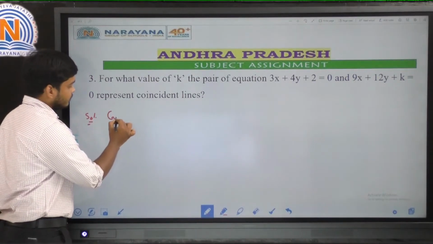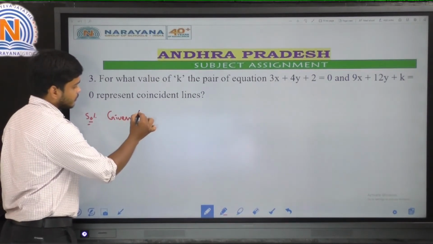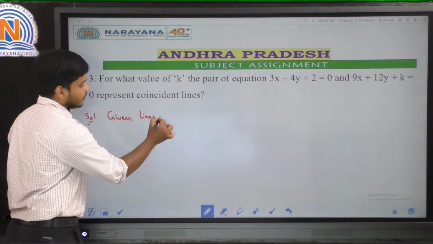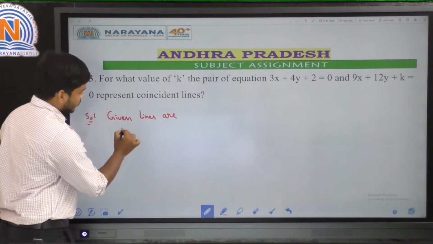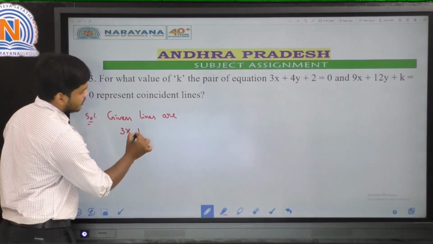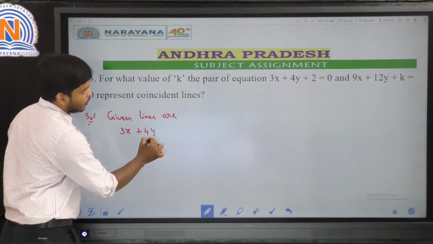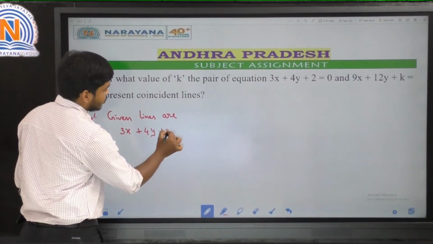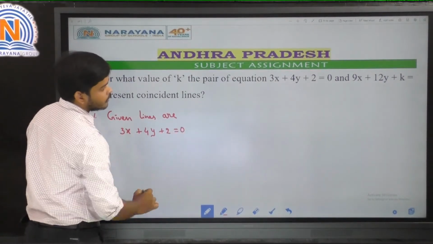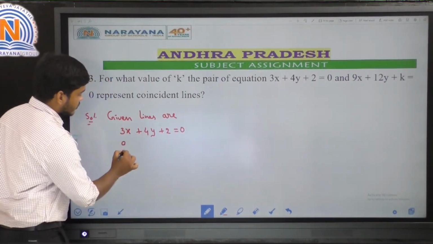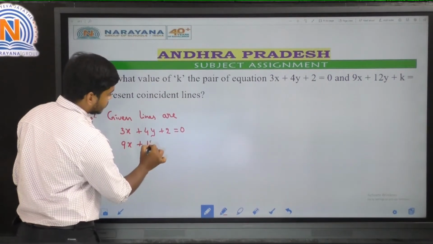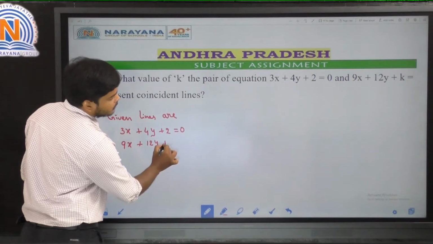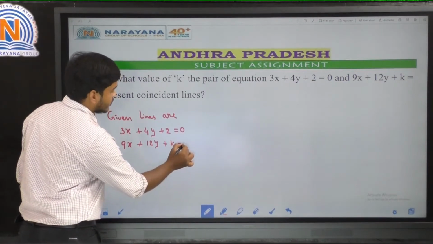Given lines are 3x + 4y + 2 = 0 and 9x + 12y + k = 0.